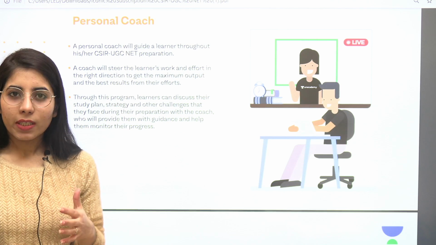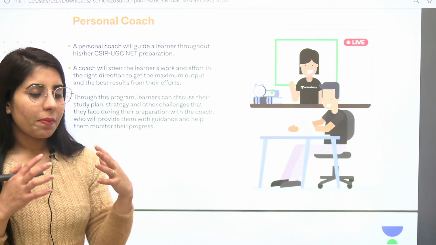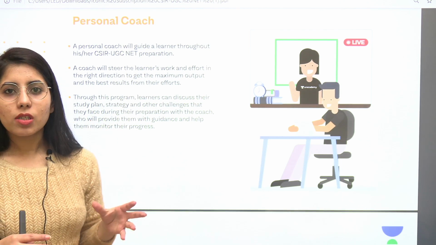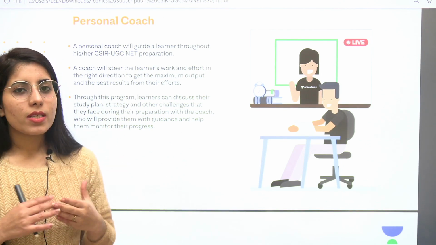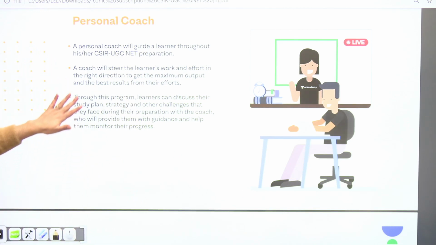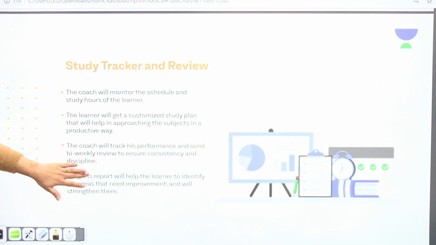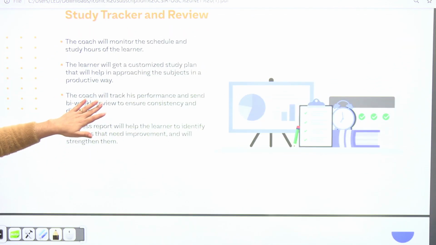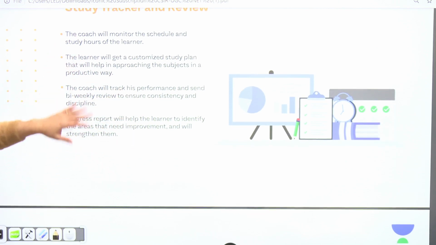They will be allotted a personal coach, and then they will be able to ask their doubts easily at any point of time. And some other points have been mentioned here, you can even check them out. The study tracker and the review, everything about that has been mentioned here, you can check that.